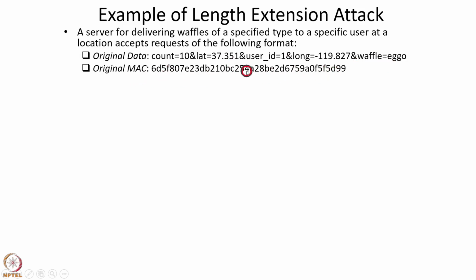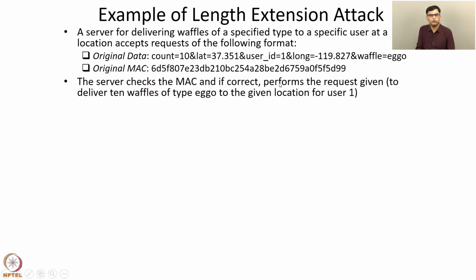This is the message authentication code. For simplicity, we have not used any secret string here. Now the server checks the MAC, and if correct, performs the request given in this message, that is to deliver 10 waffles of type eggo to the given location for user 1. The location is specified by these latitude and longitude values.